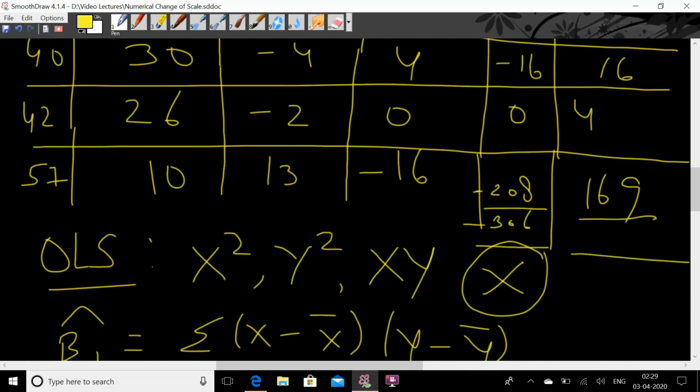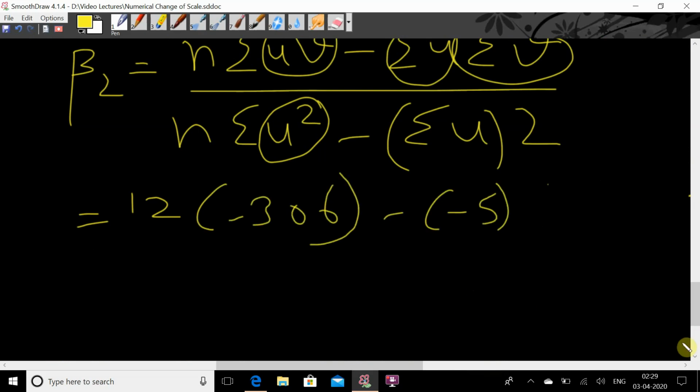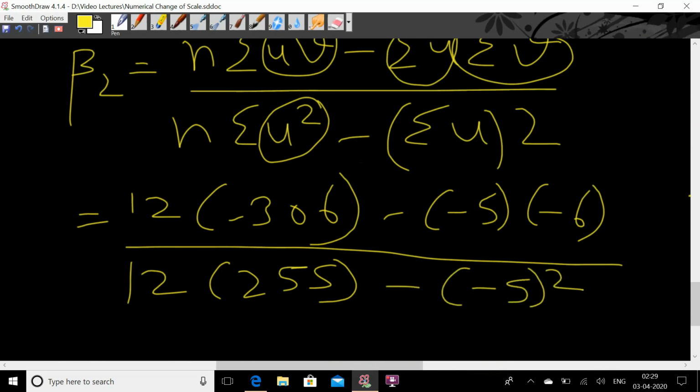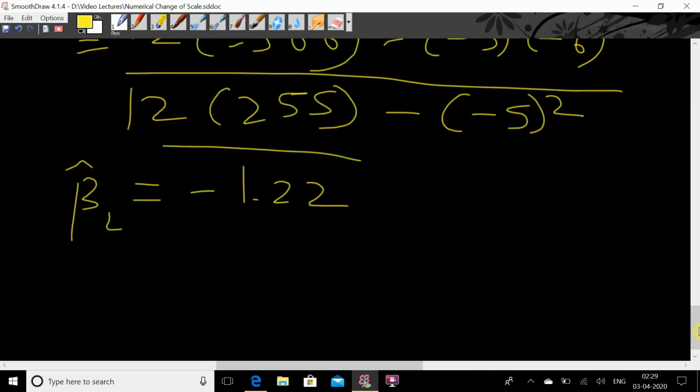The sum of the last column comes out to be 255. So this becomes 12 into minus 306 minus minus 5 into minus 6, upon 12 into 255 minus minus 5 square. So this value comes out to be minus 1.22. So your beta 2 hat comes out to be minus 1.22.